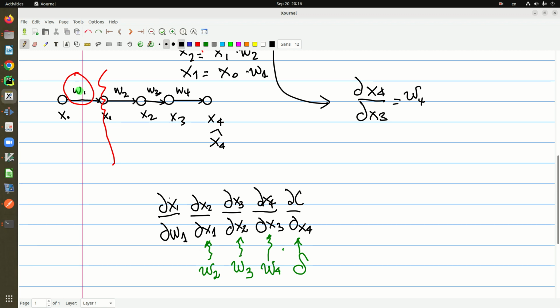What is this partial derivative here? Since x1 equals x0 times W1, this means that the derivative dx1 over dW1 is x0.